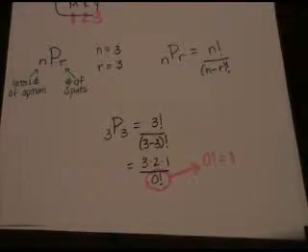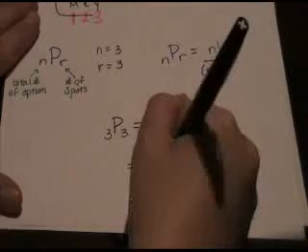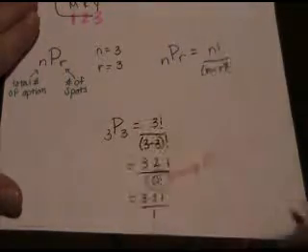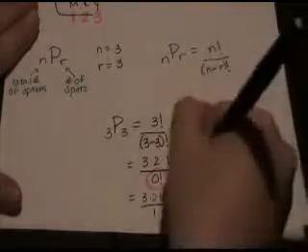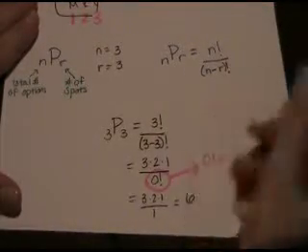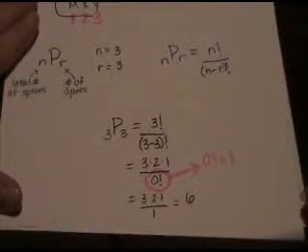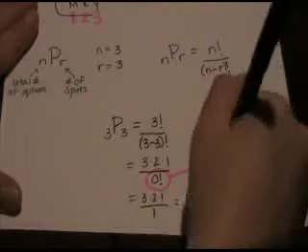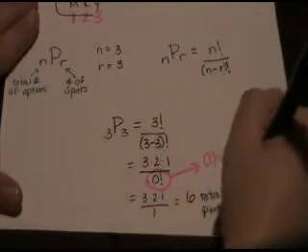So when we simplify this, we'll have 3 times 2 times 1 over 1. Do our multiplying. 3 times 2 is 6, times 1 divided by 1 equals just 6. 6 total permutations, just like we thought.